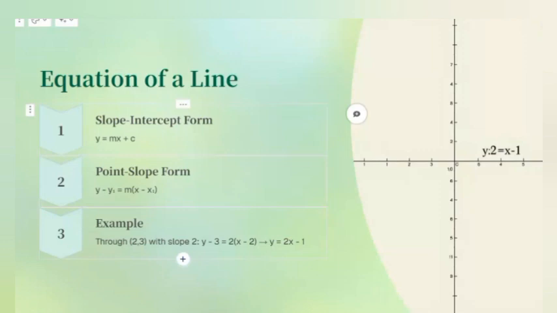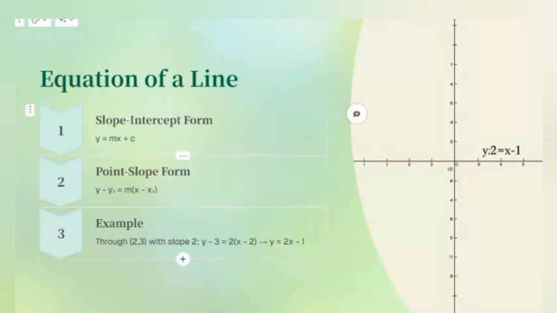So very simply, if you have the slope and the intercept, you can just plug them in here. So let's say the slope is 3, and the intercept is 10. So y equals 3x plus 10. And that would match up with the exact equation for that graph that has been plotted already, right?